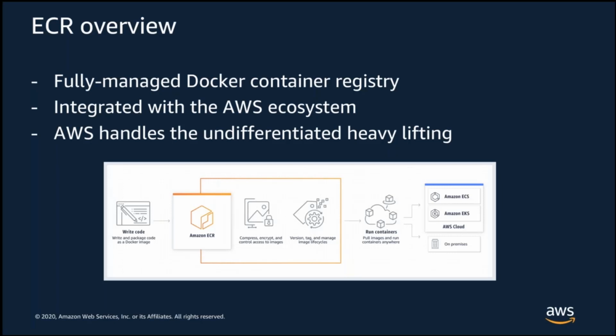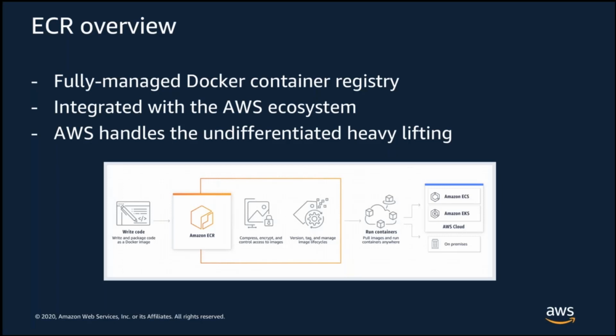Lastly, Amazon ECR eliminates the need to operate your own container repository infrastructure by letting AWS handle the undifferentiated heavy lifting. When you think about managing your own container repository, you have to think about managing a front end, scaling the front end, as well as the storage back end. That's what we would call the undifferentiated heavy lifting that AWS handles.